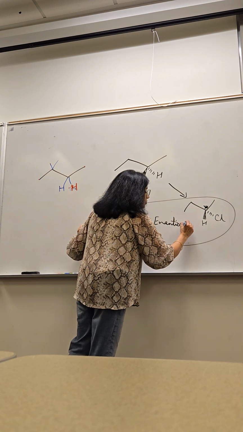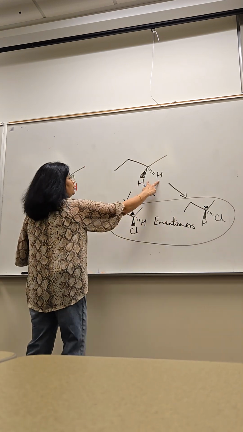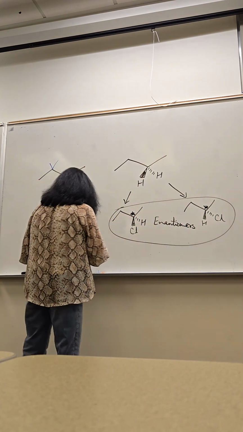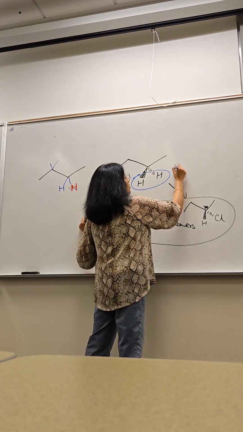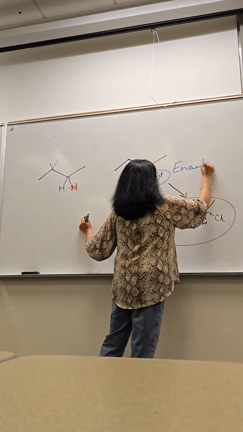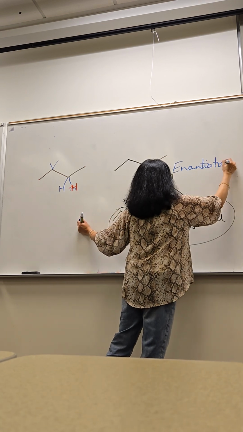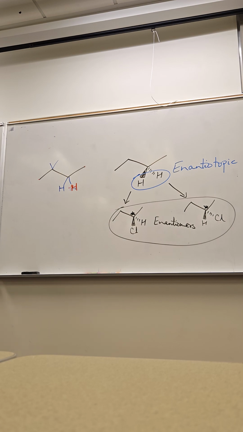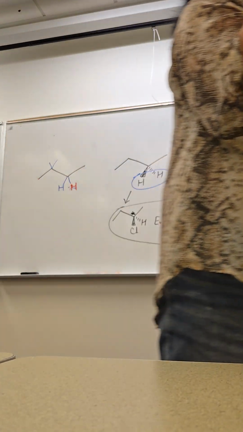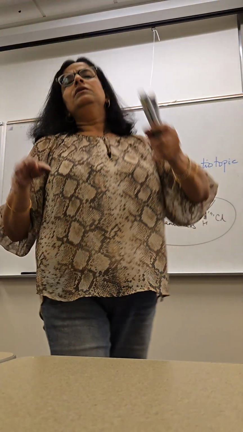Absolutely, those two hydrogens are identical, but they're not homotopic. Those hydrogens are called enantiotopic, meaning they are in enantiomeric environments relative to each other, meaning that if this gives us one mirror image, that's going to give us a non-superimposable mirror image.